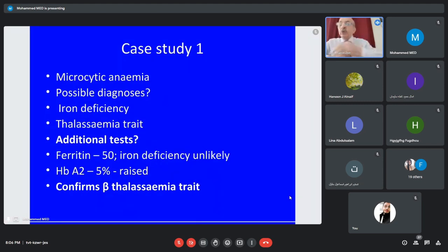And we do, of course, other tests, but before that, in the history, you have to clarify which is which. For example, here in this case, he said that the patient is Cypriot, and this is a clue that it may be thalassemia. Okay, but again, it's your duty in the history to ask about diet.